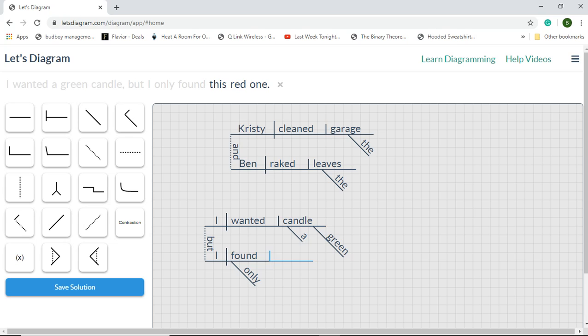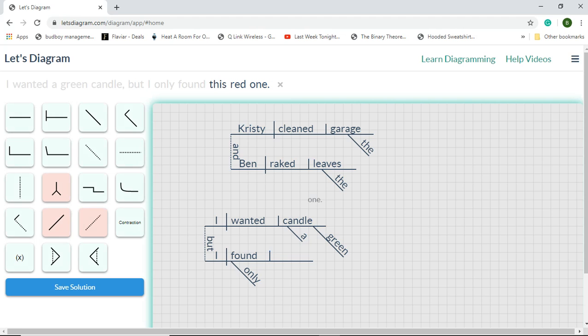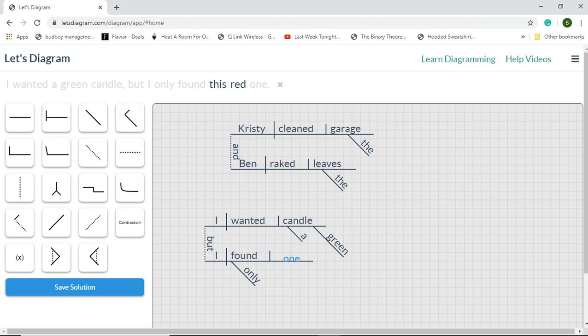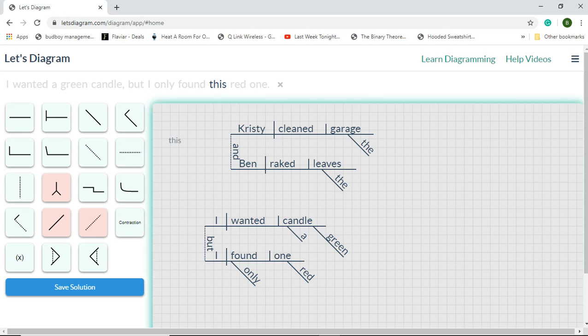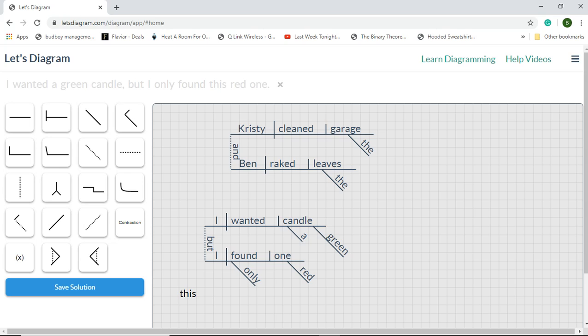Now, this one's a little tricky. Is it red or is it one? It's one. He only found one. That's a direct object. And red is modifying one, the red one. Red is an adjective modifying one, and this is another adjective modifying the direct object one.